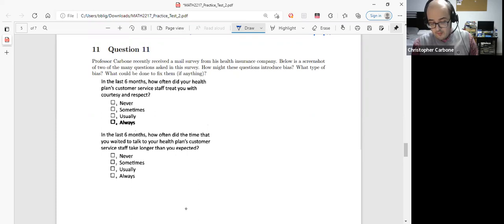As you can see, both of these have that same format of never, sometimes, usually, and always, which, by the way, is not necessarily the best technique for this. But these questions are written in the same format.